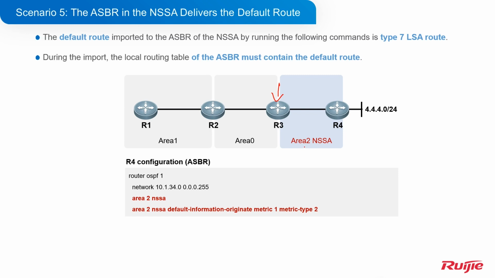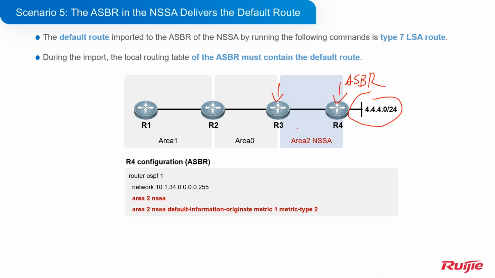But now we want to deliver the default route on the ASBR device. Here we can see R4 connects with another routing process, and we do the redistribution on R4. So R4 is the ASBR device, right? And on the ASBR device, we want to deliver the default route.